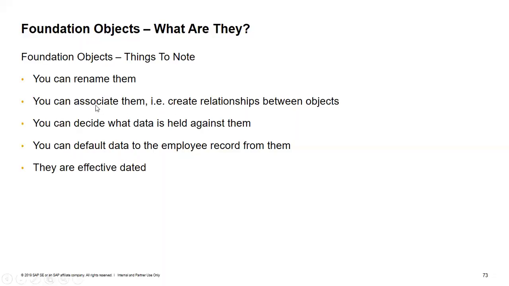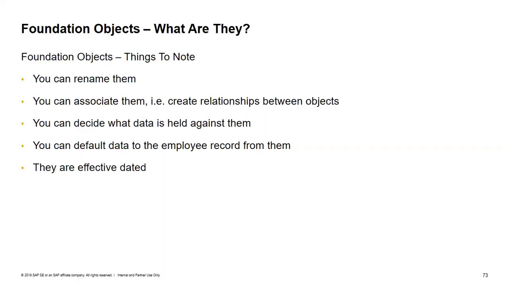You can associate them, meaning you can create a relationship between the objects. An object can be associated with another object with a multiplicity of 1-to-many or 1-to-1. You can decide what data is held against them.